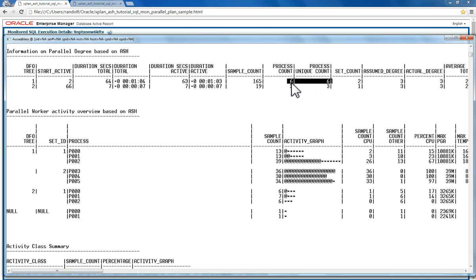Since we have found 6 processes, you will also find 6 here in this overview. Likewise 3 here, and you will find 3 here. So although you could have a degree of, let's say, 8, it could still be possible that you see in the active session history only 2 of them sampled. Then even with a degree of 8, you would only see 2 of them showing up here in this overview.